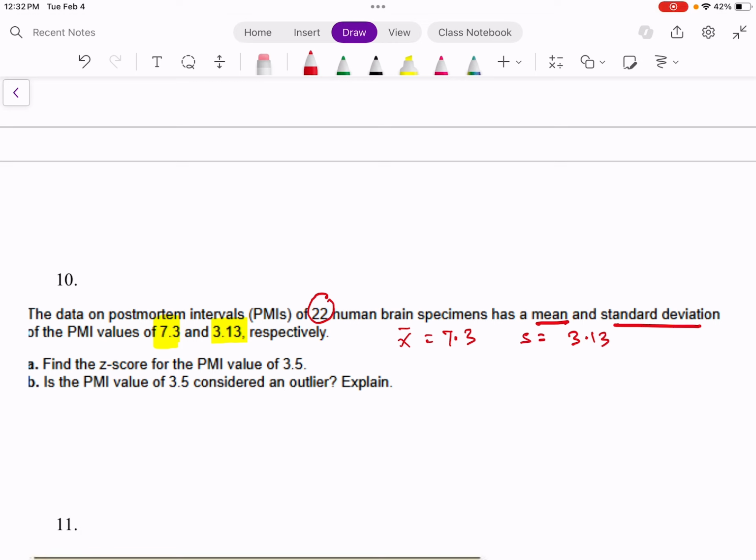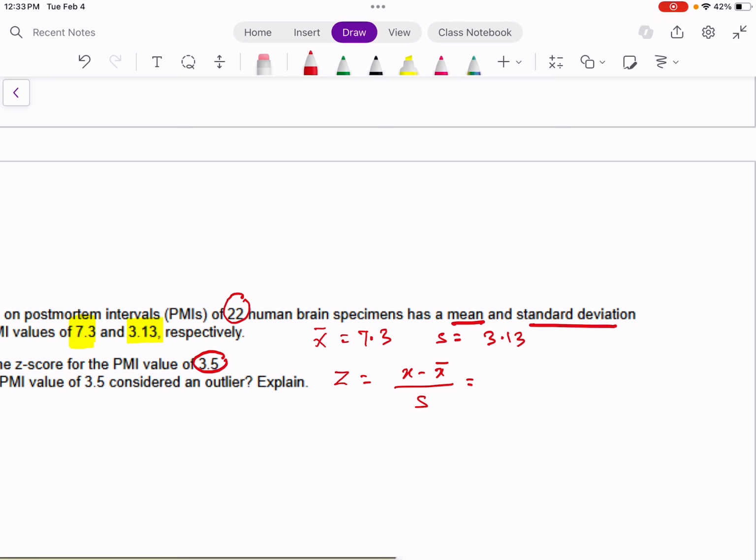We are asked to find the z-score for the PMI value of 3.5. So 3.5 is one measurement out of 22 measurements. The formula to find the z-score is z equals X minus X bar divided by S. Our X is the measurement for which we are finding the z-score, and that X is 3.5, minus X bar, 7.3, divided by the standard deviation, 3.13.